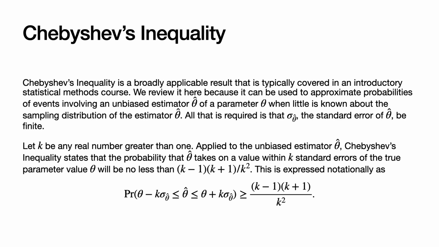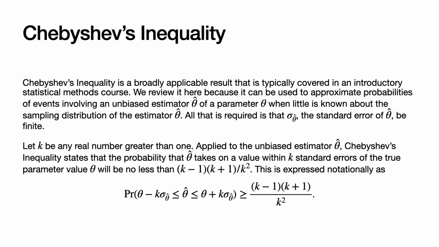Let k be any real number greater than 1. Applied to the unbiased estimator theta hat, Chebyshev's inequality states that the probability that theta hat takes on a value within k standard errors of the true parameter value theta will be no less than the quantity k minus 1 times k plus 1 over k squared.